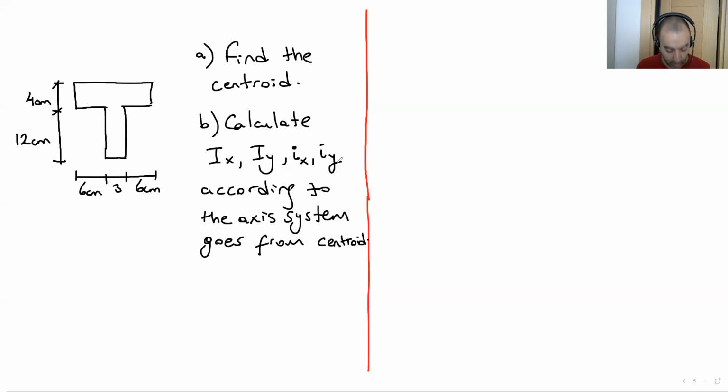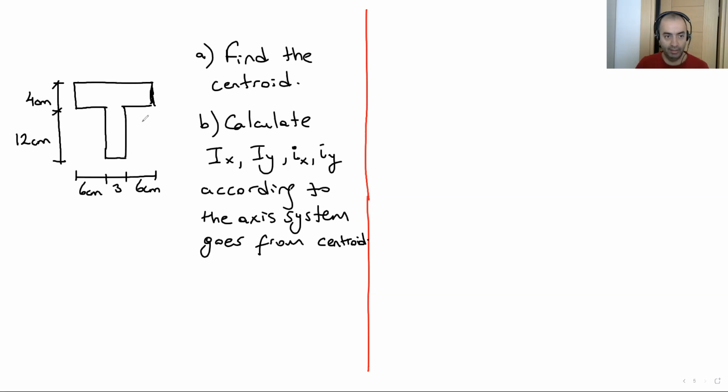Okay. Let's do the centroid first. Here is a vertical straight line. When we look at this system, to define the centroid, we need X and Y coordinates, right? So when we take a look at this T section, it's a completely symmetrical section around the Y-axis, around the vertical axis.